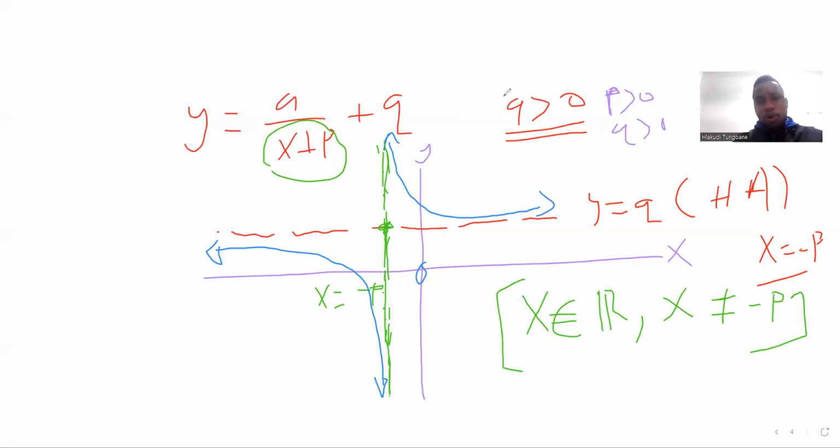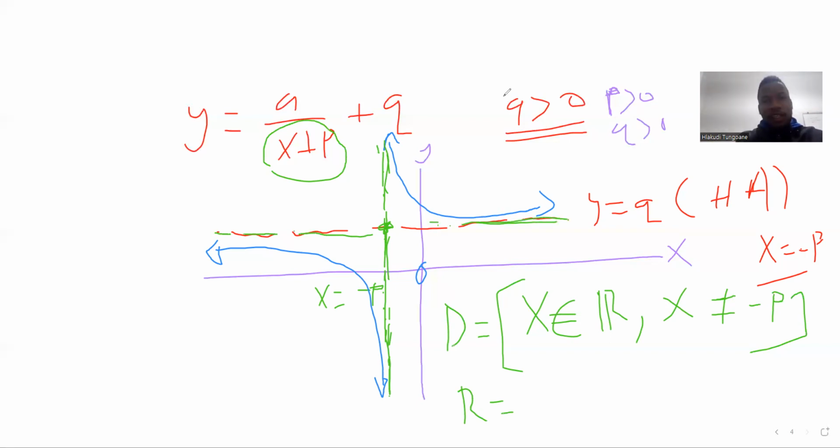And also, if you look at your y value, so this is the domain, right? Domain. If you look at the range, the graph can take any y value, but the problem is just when you get here.